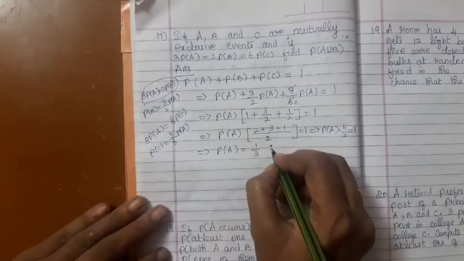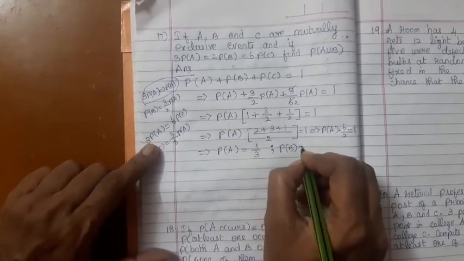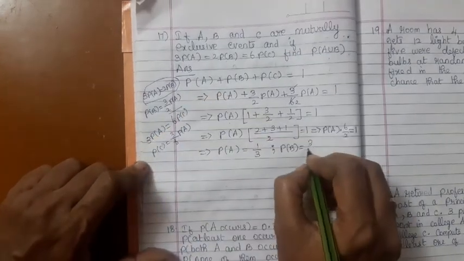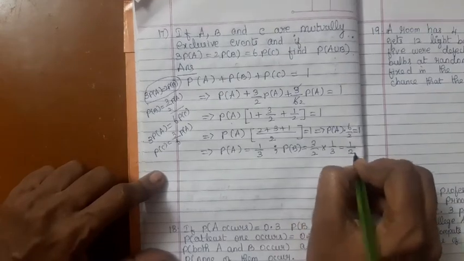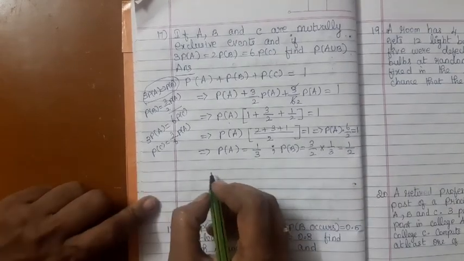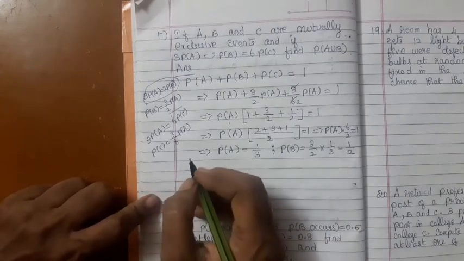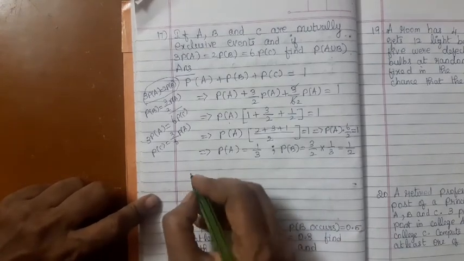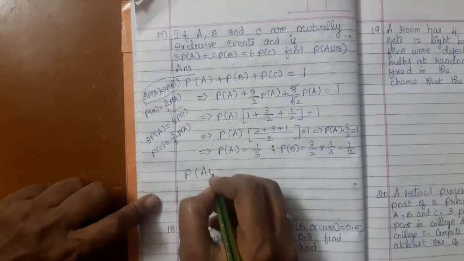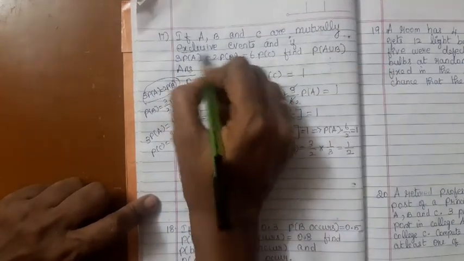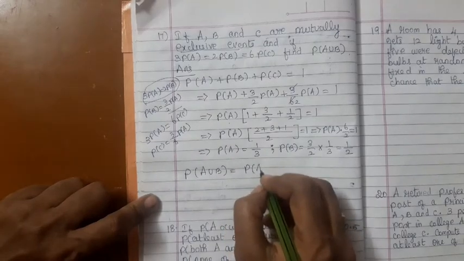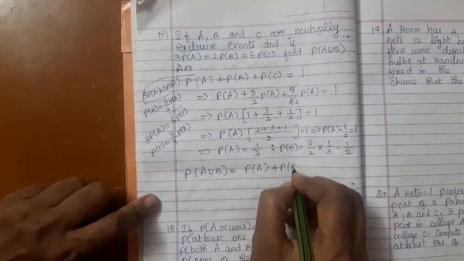If the probability of A is 1 by 3, the probability of B is 3 by 2 into the probability of A, which is 1 by 2. I need not find the probability of C here, that is not required. We require the probability of A union B, and since A, B and C are mutually exclusive, I can stop with P(A) plus P(B).